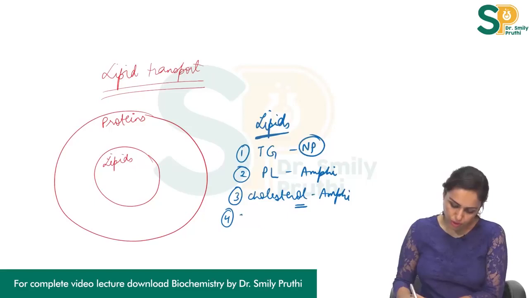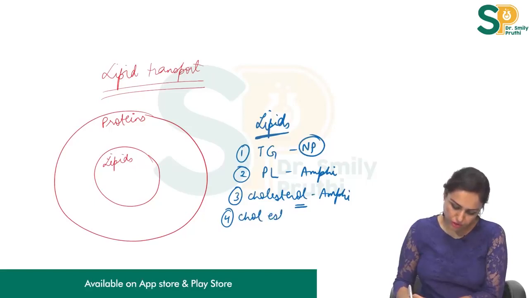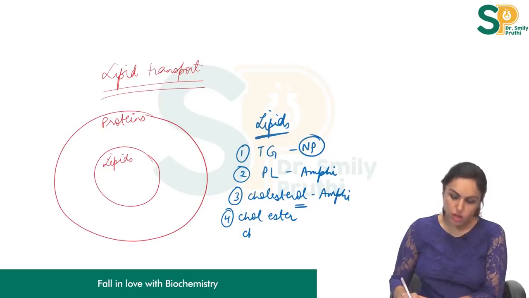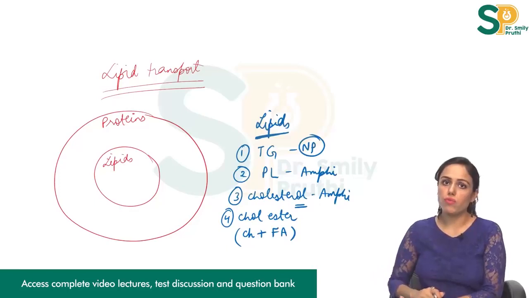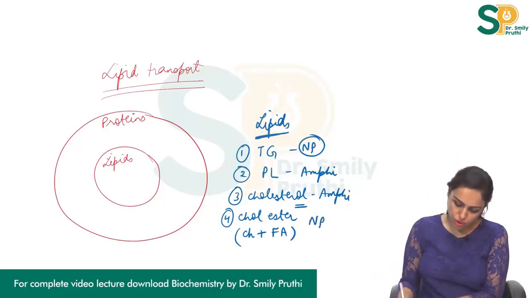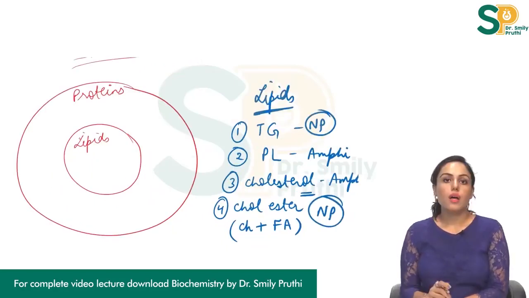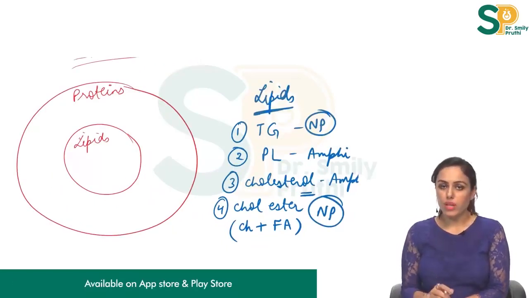And there is one more thing known as cholesterol ester. Cholesterol ester is equal to cholesterol plus fatty acid. So it is alcohol cholesterol plus fatty acid, so an ester bond will be formed, and this is known as cholesterol ester, which is totally non-polar, right? Now in the structure of lipoprotein, these lipids are arranged very smartly.